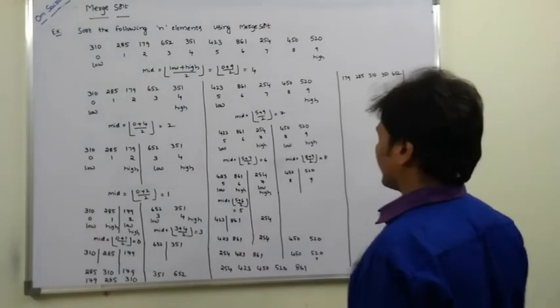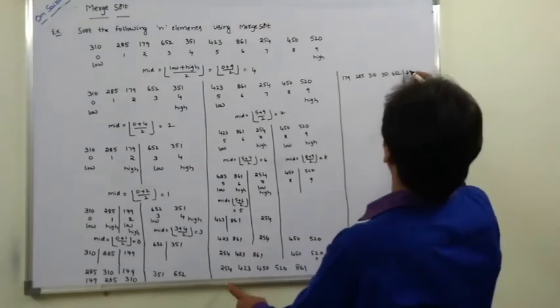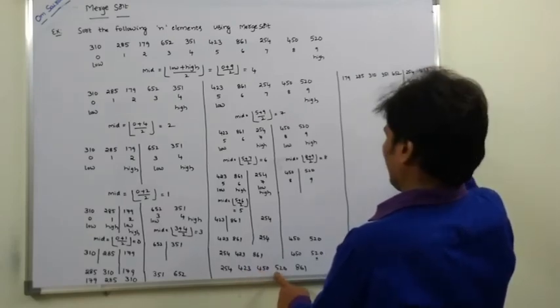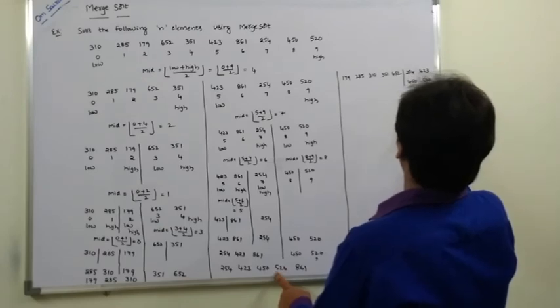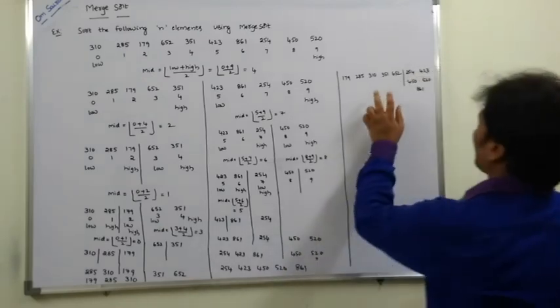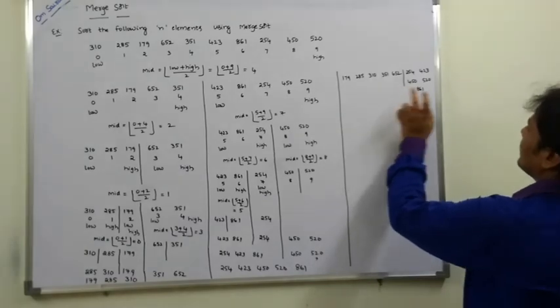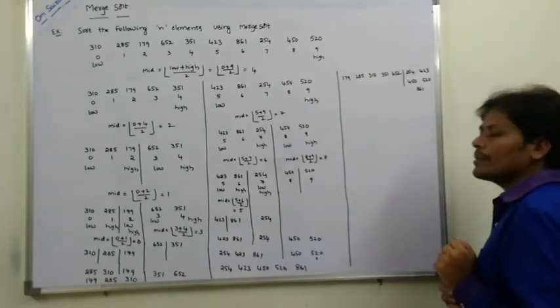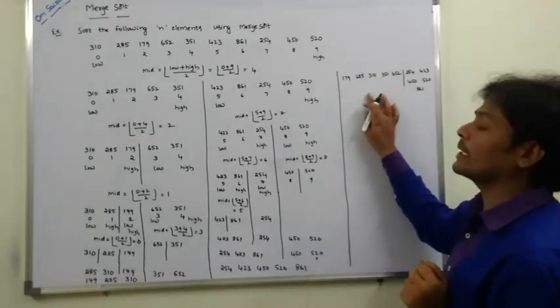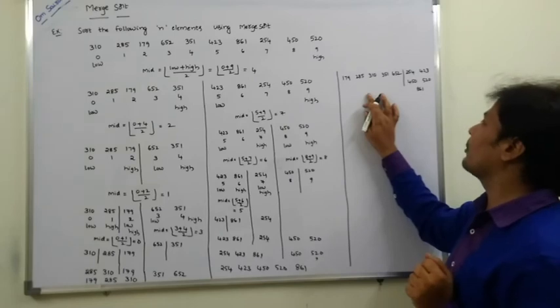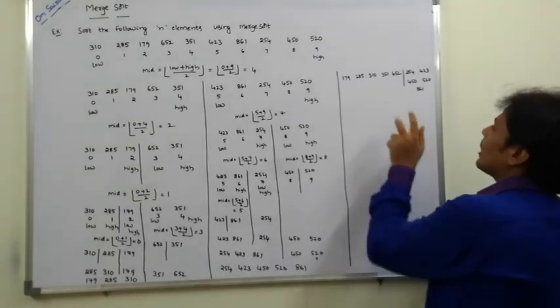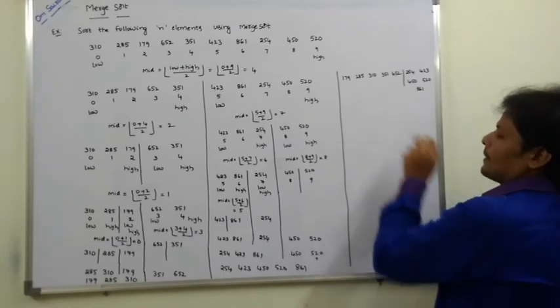Next, second sublist is 254, 423, 450, 520, 861. So the first sublist contains 5 elements. The second sublist contains 5 elements. Now we have to merge these two sorted sublists. Finally, we are getting a sorted array. Okay. So how we are merging these two sorted sublists?